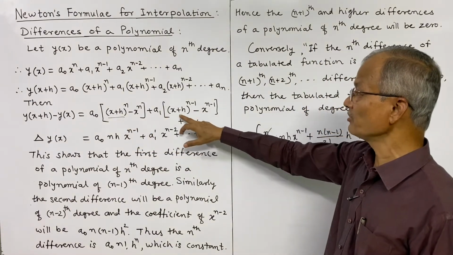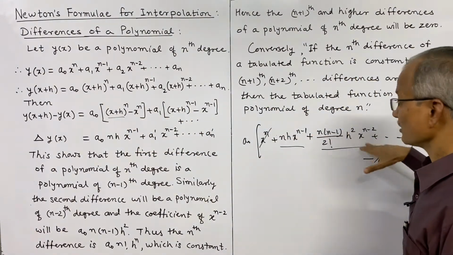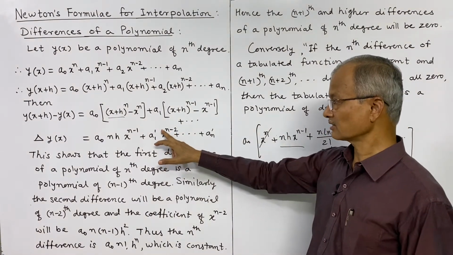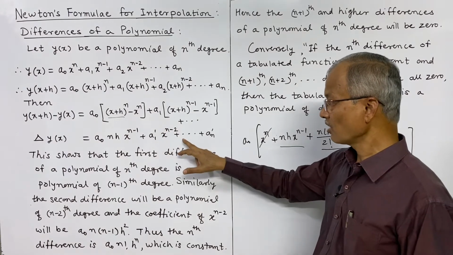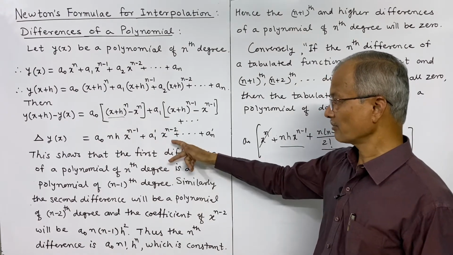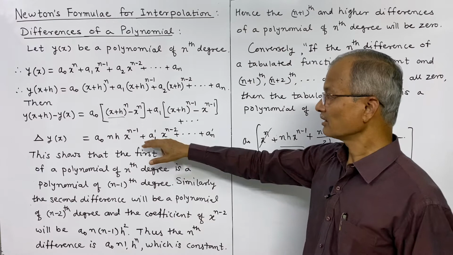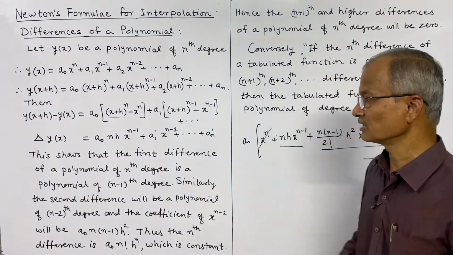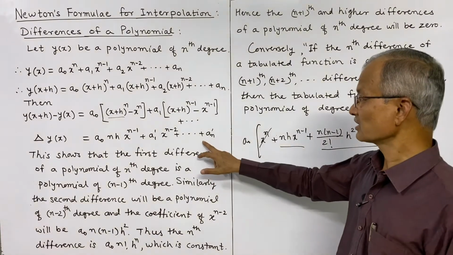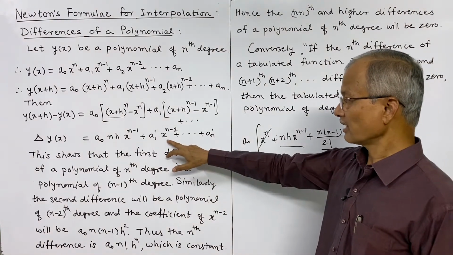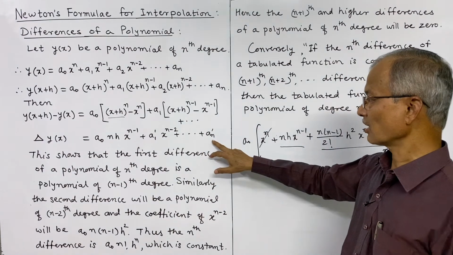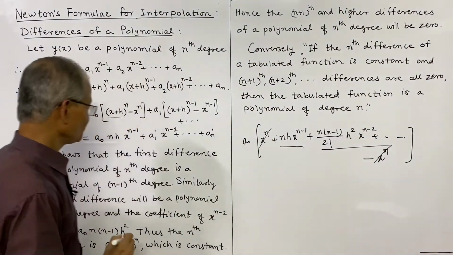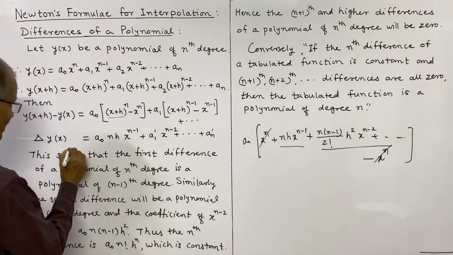Again that term will be in this expression and so on. The remaining terms will be of lower power, that is x to the power n minus 2 plus a2 dash, and so on up to an dash. The notation is changed, here a1 is used, here a1 dash is used. These are new coefficients, a1 dash etc. should be noted as new coefficients.